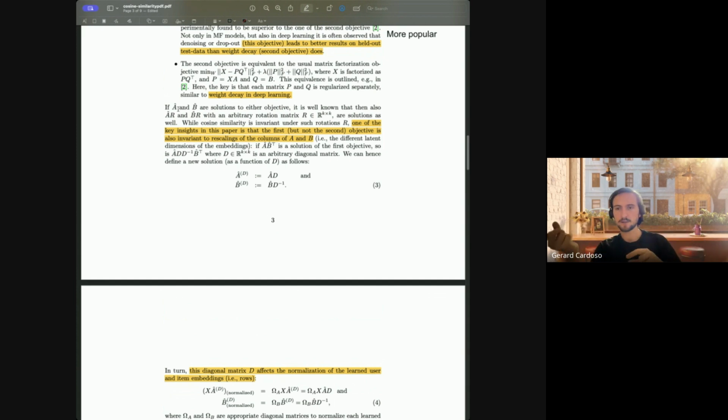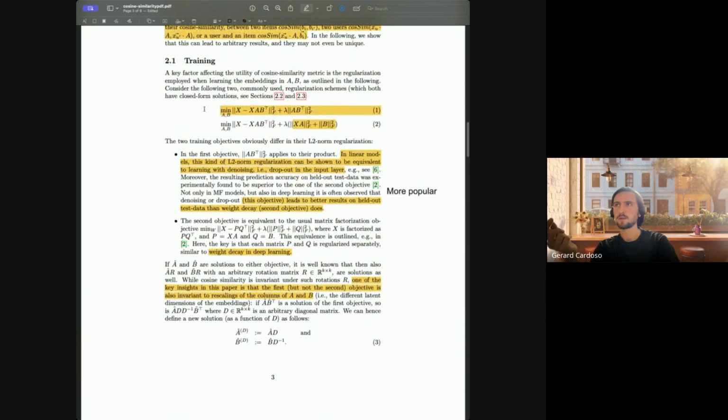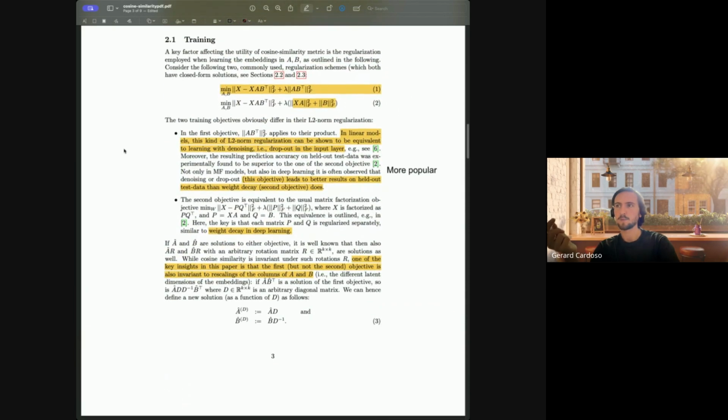In the first example, the dropout denoising example, they find that the solution is invariant to rescaling of the columns of A and B. However, that impacts the cosine similarity.